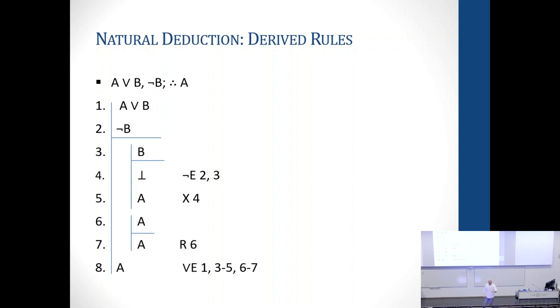So importantly, once we've moved out of the subproof, once we've discharged it, like we did, say, at the end of line 5, every individual sentence in the subproof is inaccessible now. So we can't use lines 3, 4, and 5 anymore.